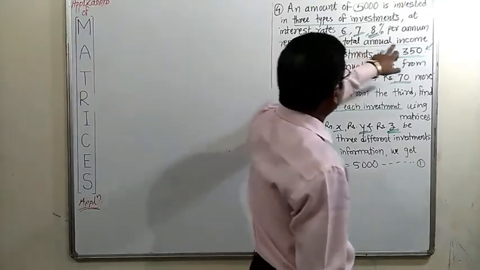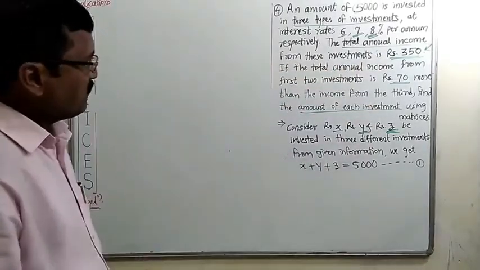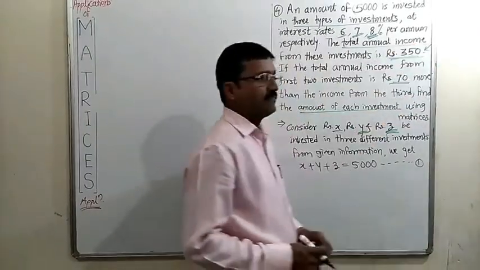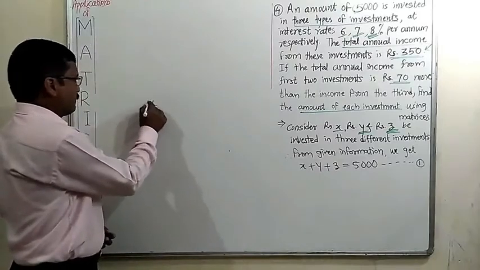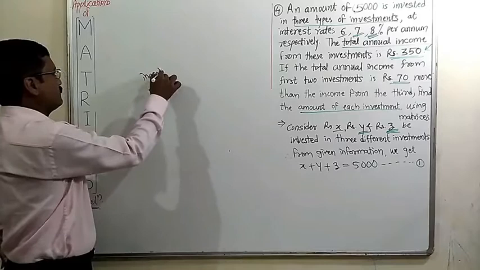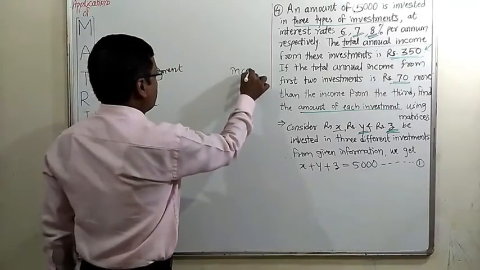After that, the total annual income from these investments is rupees 350. Here, total annual income is given 350. What is meant by income? If we invest a certain amount, suppose X, it will be the investment. Then how can we get income? What is income?